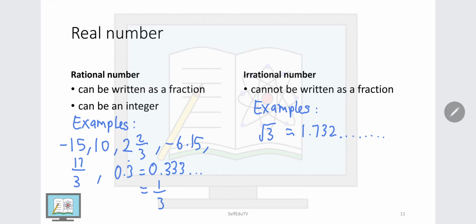If you try to change it to a fraction, it's not possible, even with the aid of a calculator. Maybe the cube root of 2, you also cannot change to a fraction. Pi also cannot be changed to a fraction. So these are irrational numbers.